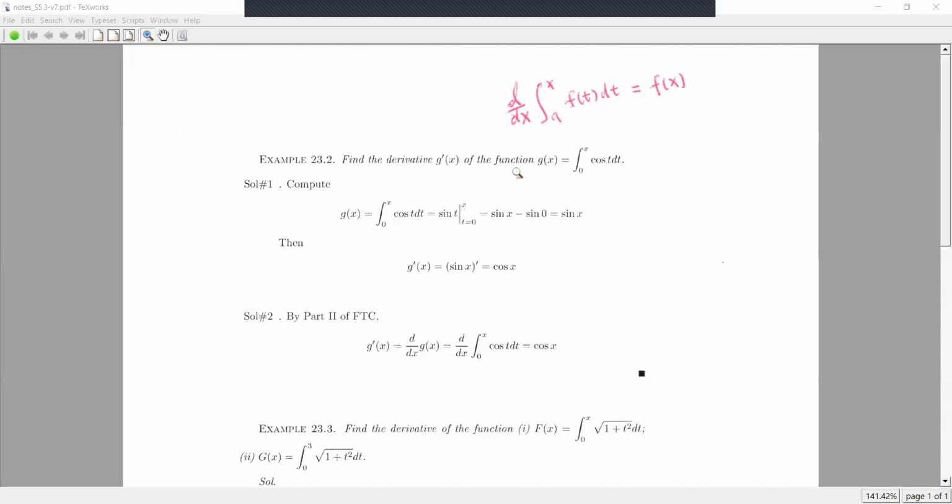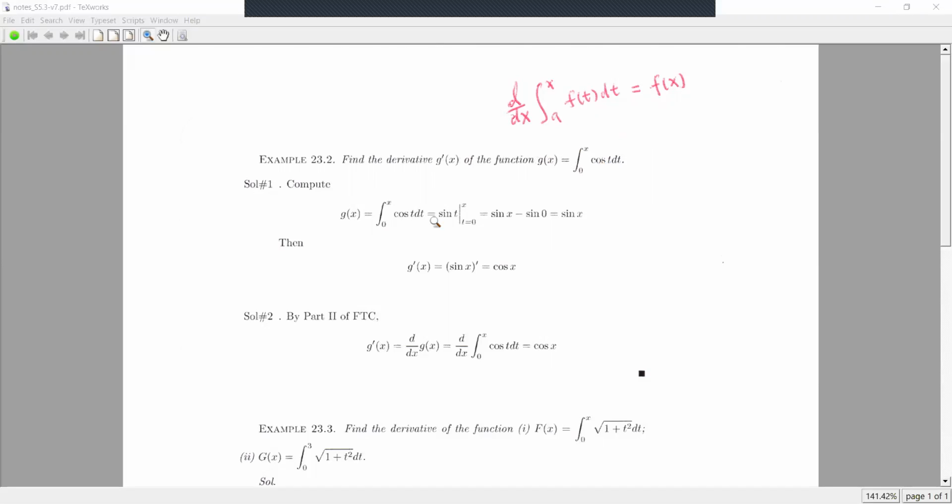To find the derivative of this function, we have 2 solutions. In solution 1, I compute the integral first. After I get the result, I take the derivative of the result. By the fundamental theorem, to find this integral, we need one antiderivative of cosine.